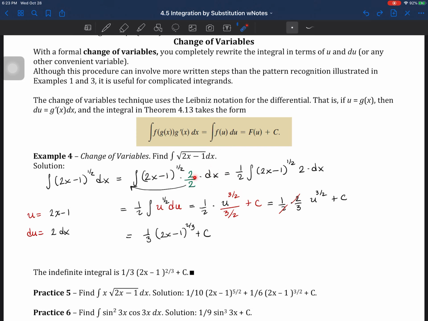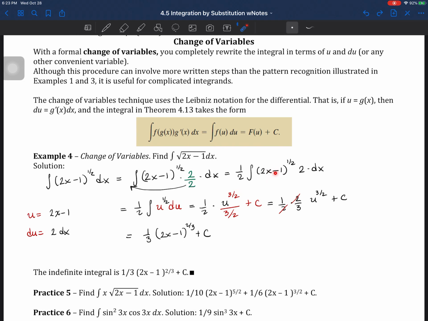Then, if you notice, the derivative of 2x is 2 dx, but we have this 2 extra, right? So we need to remove that 2. Now, don't forget that this is a 2 from the denominator, so you have to rewrite it with a 1 on top over the 2. Now you can go ahead and replace this with u, right?